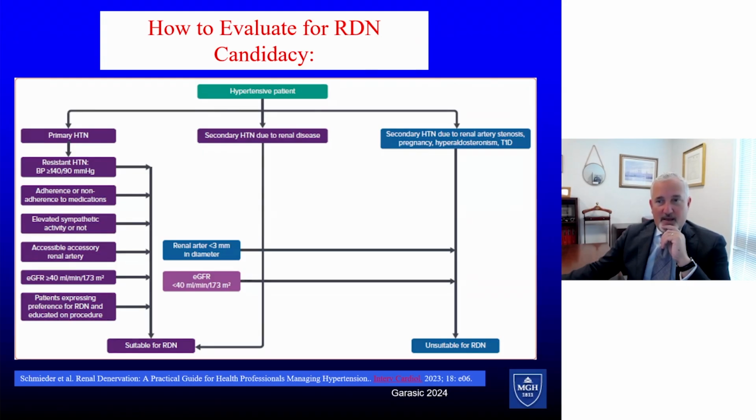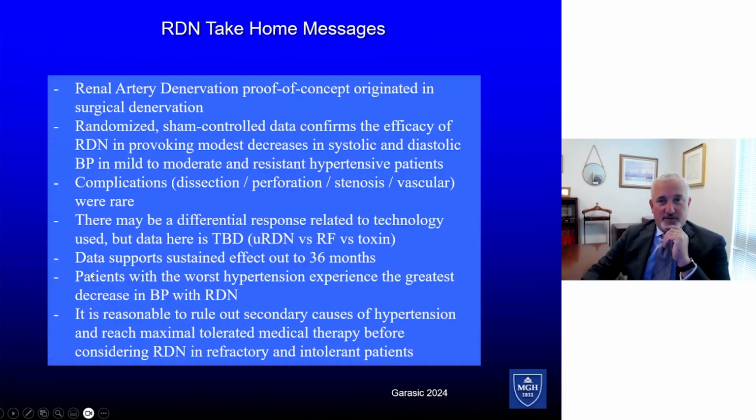If you have only primary hypertension, you go down this pathway of making sure that their blood pressure is uncontrolled, that they're adhering to their meds. Do they have accessible vessels, which you can image by CT angiography? Nowadays, avoiding those with marked renal insufficiency and then referring them for intervention.